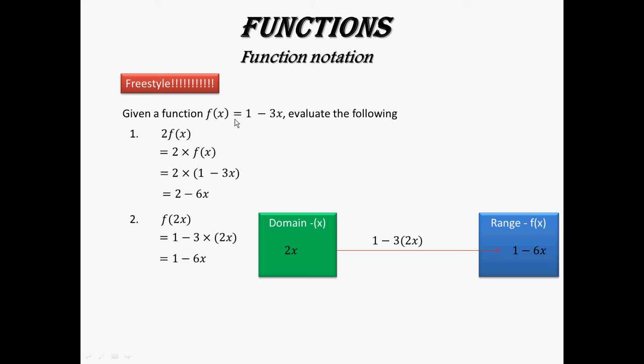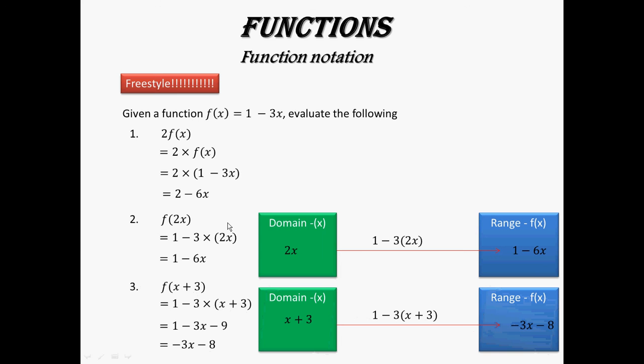So instead of saying f of x is equal to 1 minus 3x, we now say f of 2x is equal to 1 minus 3 times 2x, which we have written here, 1 minus 3 times 2x to give us 1 minus 6x. I have brought a diagrammatic representation here so that you can clearly see what is happening. Our input is 2x and we are substituting 2x for x in the function to get 1 minus 3 times 2x, which is 1 minus 6x.